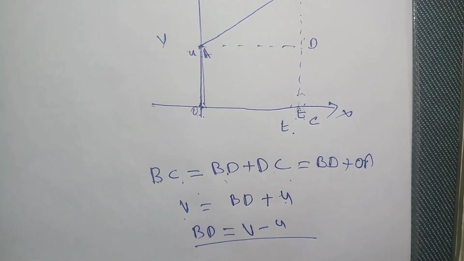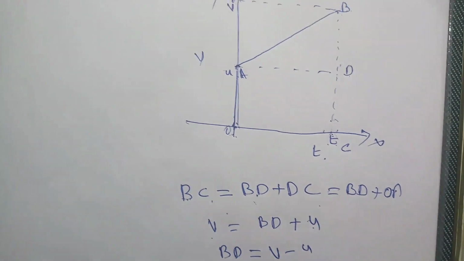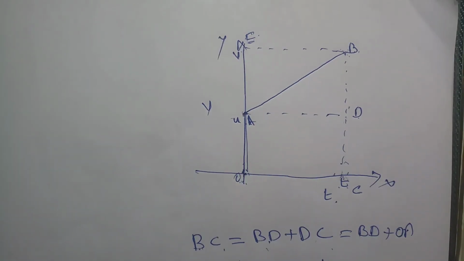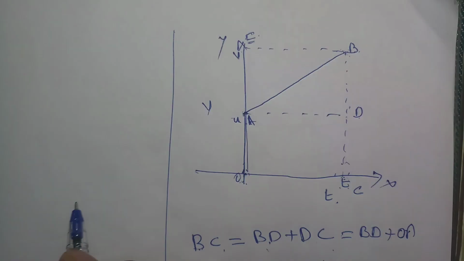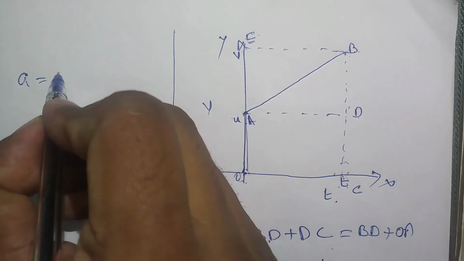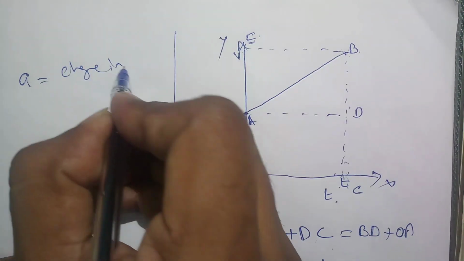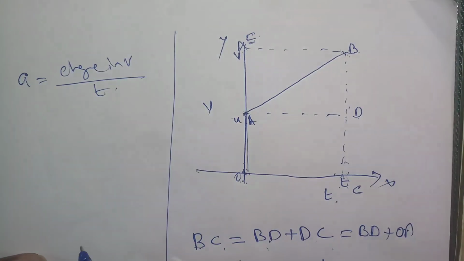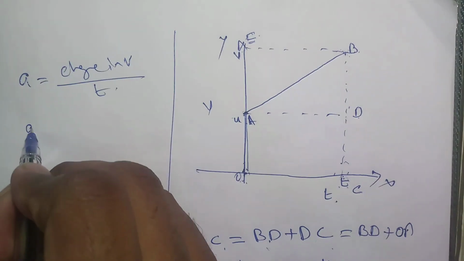Now if you take the acceleration from the same graph, what is acceleration? Just see here, acceleration A is equal to change in velocity by time. So what is that change in velocity from here?